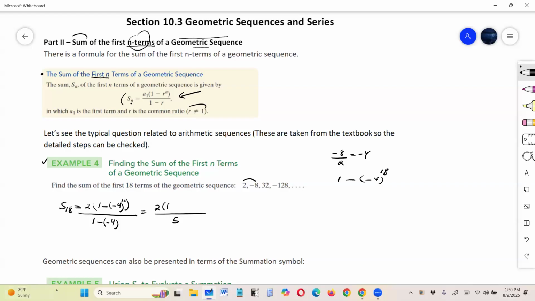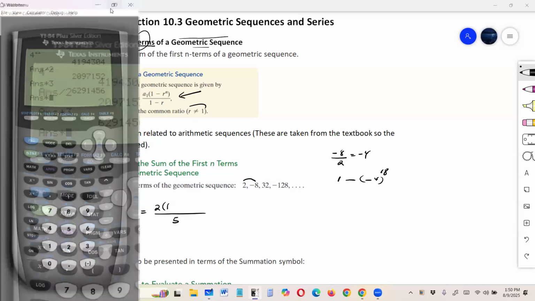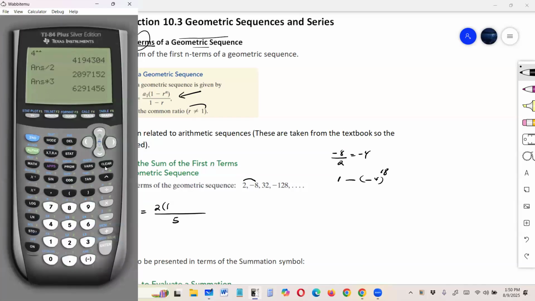I guess you can do that on the calculator if the calculator can handle it. So let's see if the calculator can handle this. I am going to be very careful. If you do this, minus 4 to the 18, you're going to get the wrong answer. This isn't the answer. The answer is positive here.